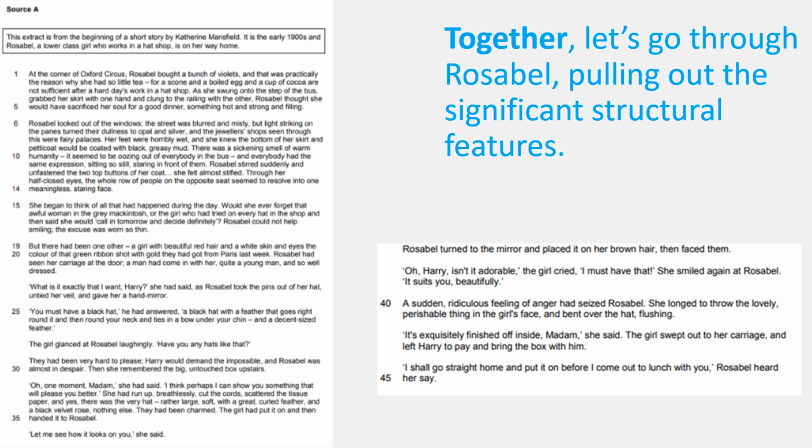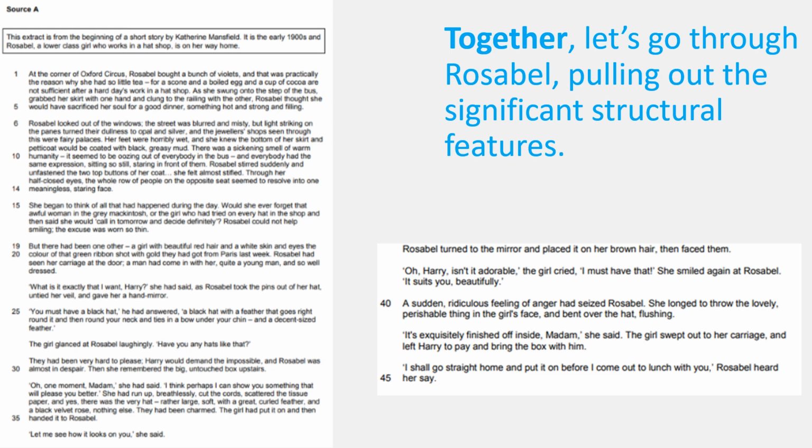She is given these short sentences. "Have you any hats like that?" Which again reinforces the sense of Rosabelle's status and position. She just needs to do what this girl is asking her to do.